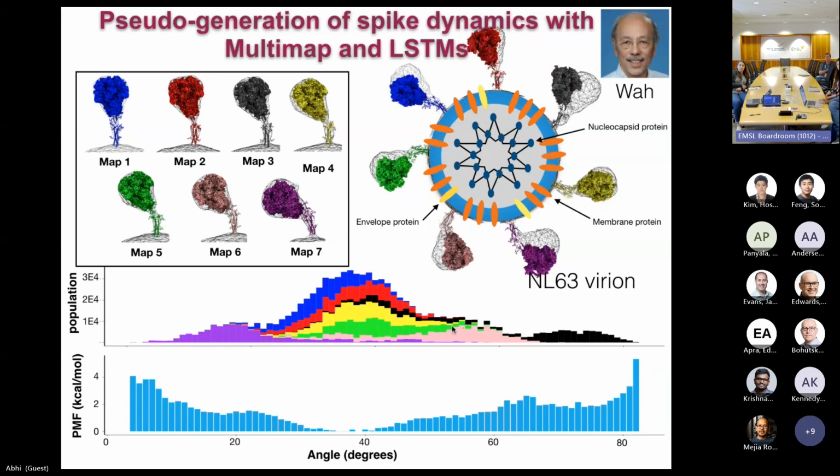And like you do focused classification and subtomogram reconstruction for each one of those, we can actually do focused classification of the molecular dynamics simulation exactly in the same way as done in cryo-EM and come up with a very strong list. In fact, this is the first paper that just came out today, which will show that a distribution coming from cryo-electron microscopy will actually overlay with the distribution coming from molecular dynamics simulation.